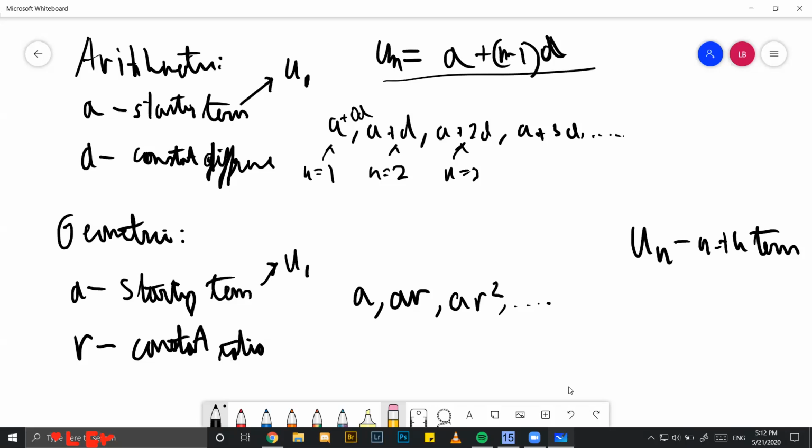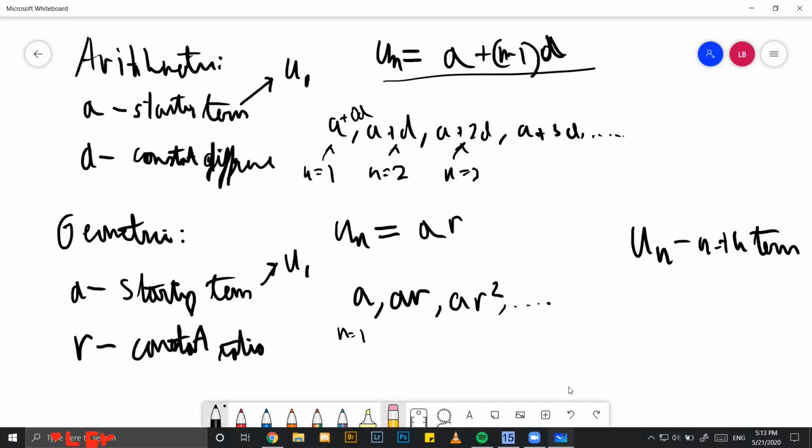Similarly, for the geometric sequence, we can undergo a similar process where u_n is equal to, we know there's always an a over here, and we're multiplying by some constant r. However, the exponent is changing this time instead.